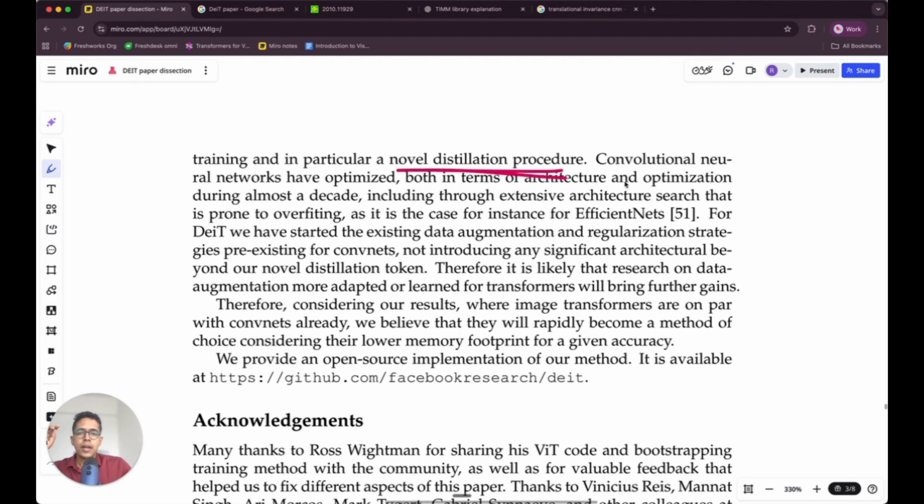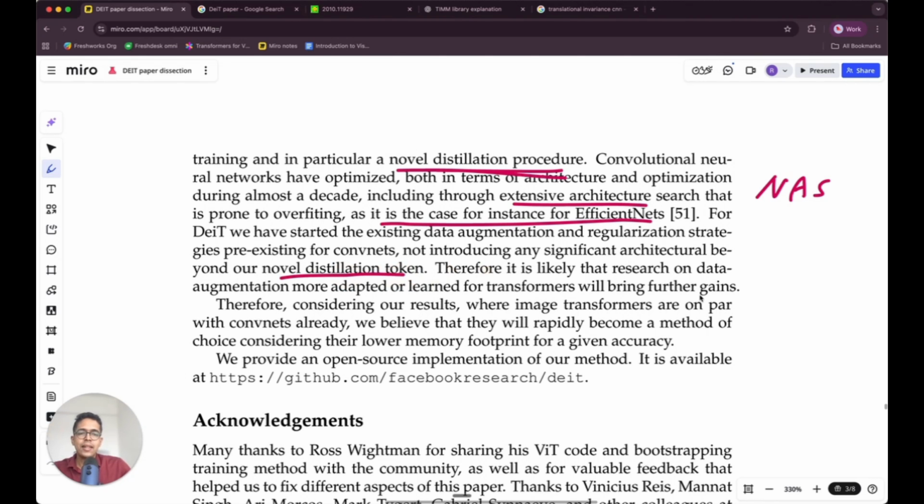Both in terms of architecture, including through extensive architecture search, like the neural architecture search I was talking about earlier, that is prone to overfitting, as is the case for instance of EfficientNets. For DEIT, we have started from the existing data augmentation and regularization strategies pre-existing for convnets, not introducing any significant architectural change beyond our novel distillation token.